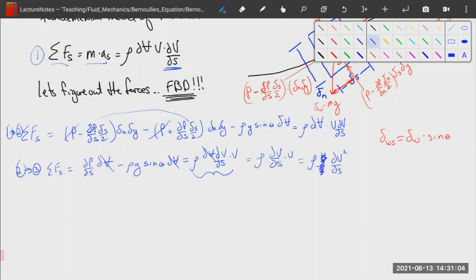My bad. I don't know why I wrote that. Rho d V squared over ds. Great.